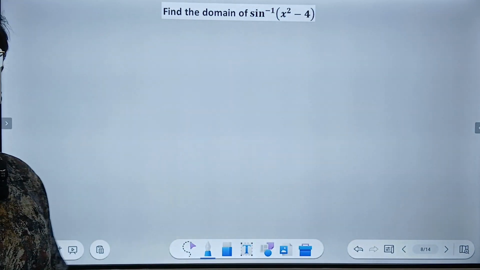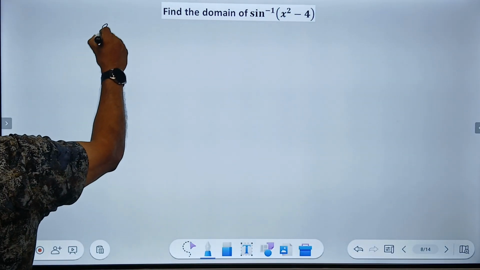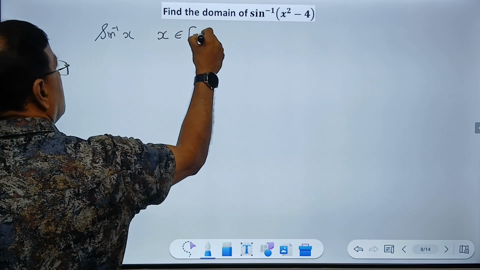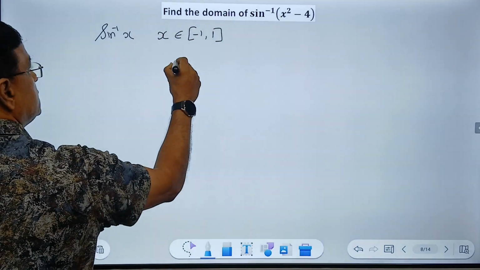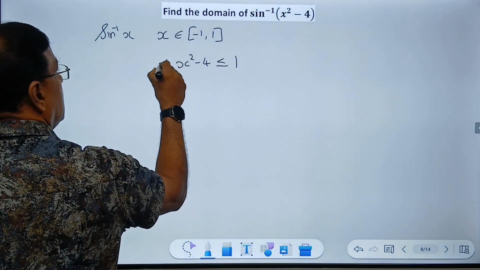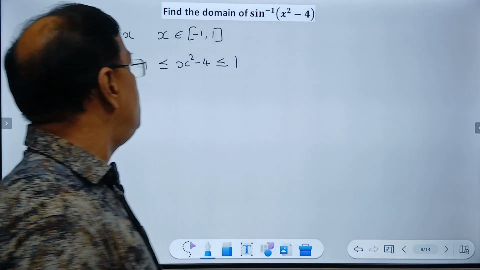Sine inverse of x square minus 4. So what do I do? You know, for sine inverse of x, your x should lie between minus 1 and plus 1. So applying the same logic here, x square minus 4 should lie between plus 1 and minus 1. Correct? Now what do you do? Add 4 to both sides.